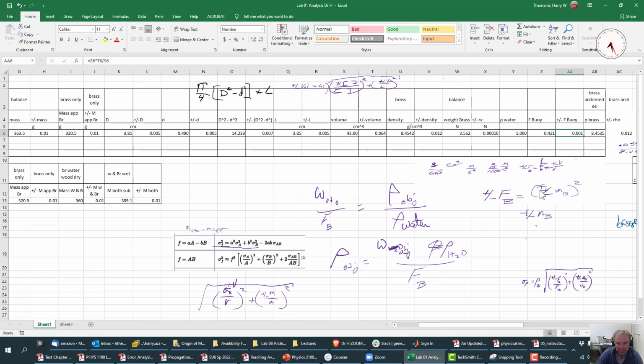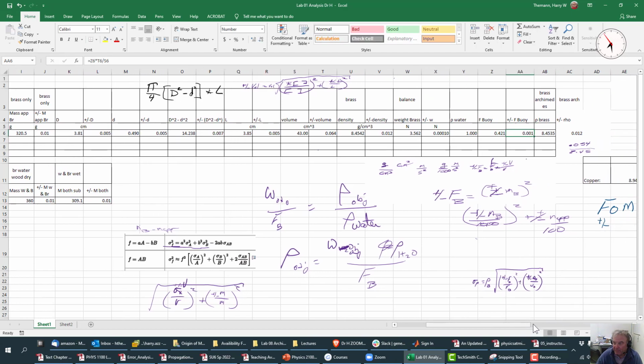Plus minus M_B divided by 1,000, because it's in grams and we want kilograms, squared, and plus minus M apparent over 1,000, once again squared.